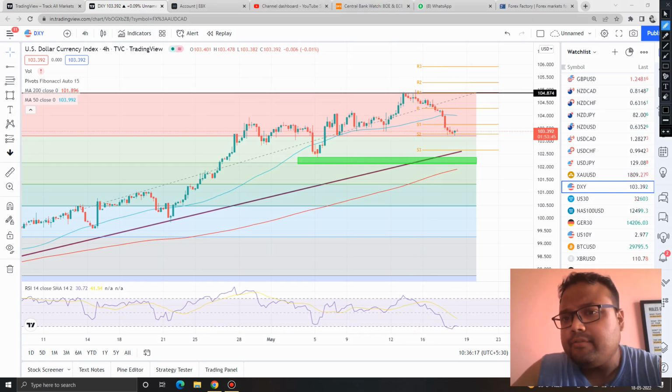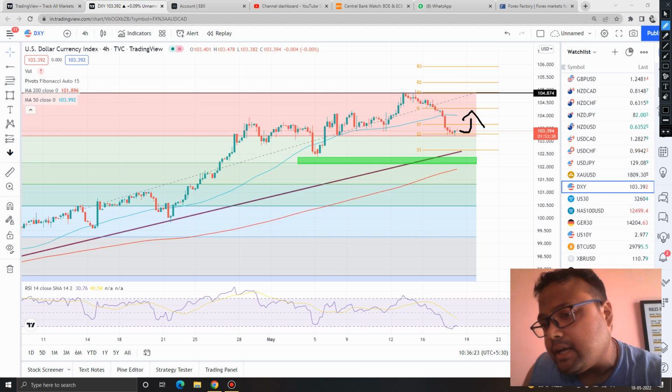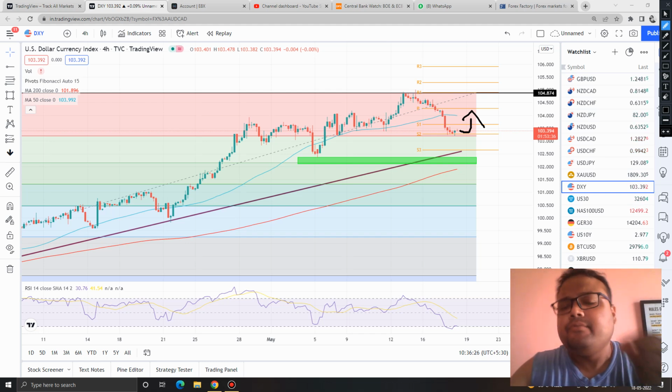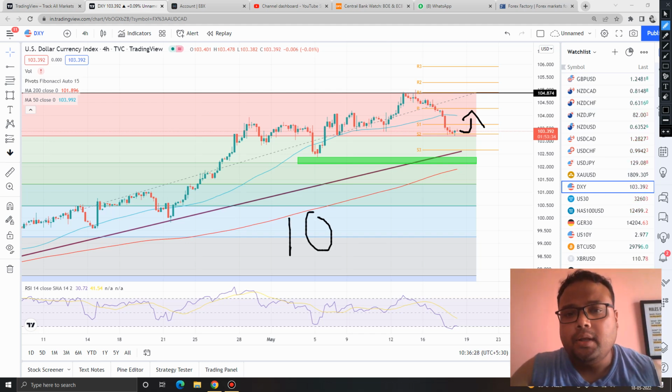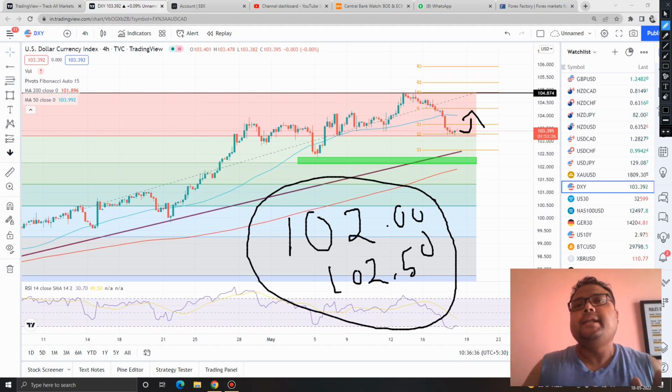In case the market fails to bounce from here, there may be some more correction, but I'm very positive that DXY will bounce from the 102 to 102.50 level.